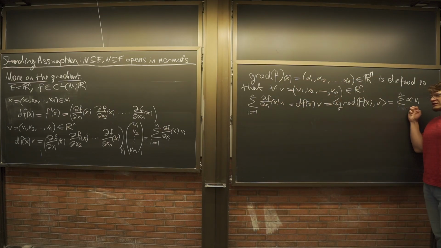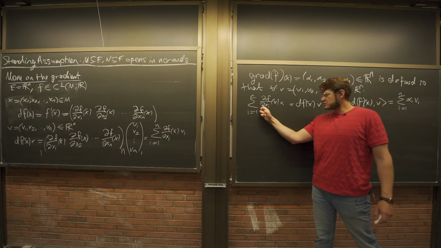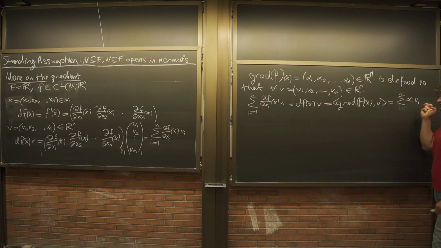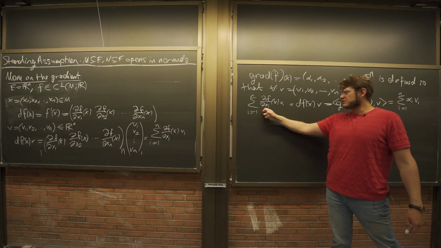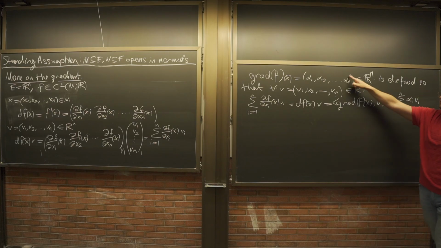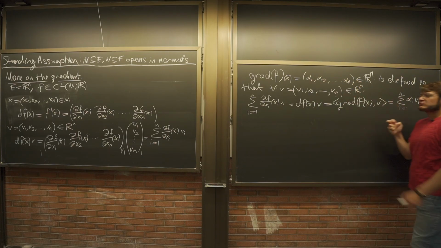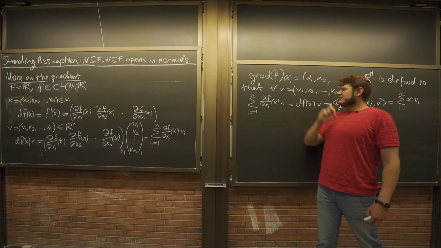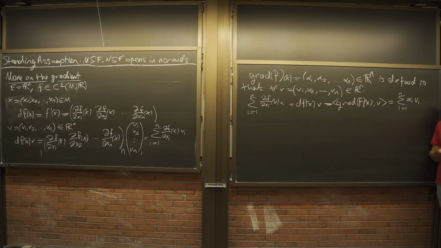Okay, so this equality, so this number has to match with this number. So the alpha i's, each of these numbers, have to be defined in such a way that this is equal to this for any v. Now, here's the question. It's reasonable for you to expect that alpha i should be the ith partial. Right. But how do I get that?